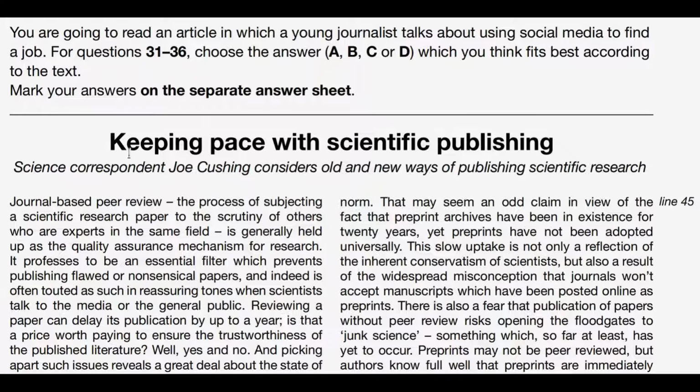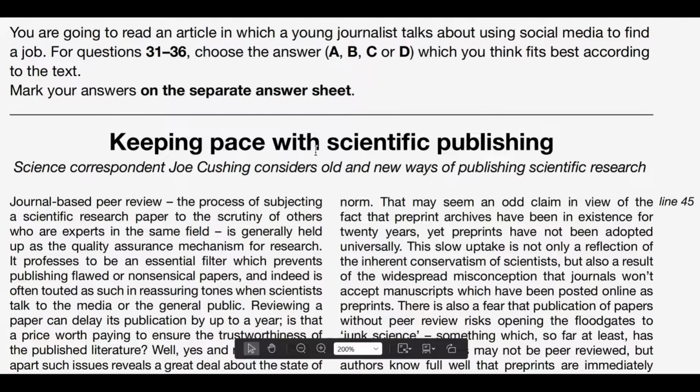So we can see we're looking at scientific publishing. This small foreword, if you like, explains a little bit more about this concept of old ways of publishing scientific research against new ways. Essentially that's what we're going to be looking at. So you now have an idea what the topic is going to be about in the article.